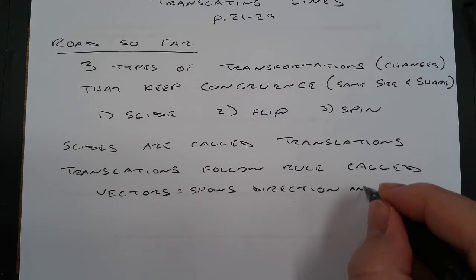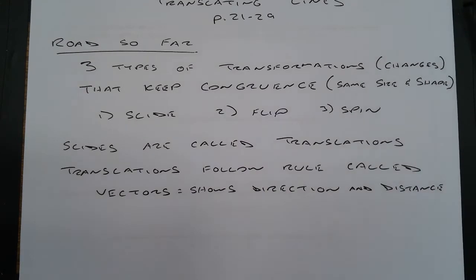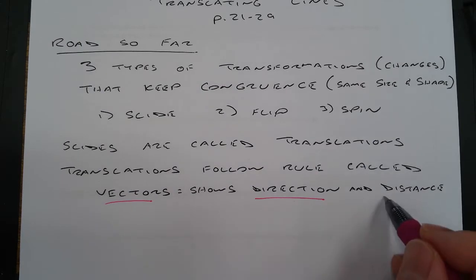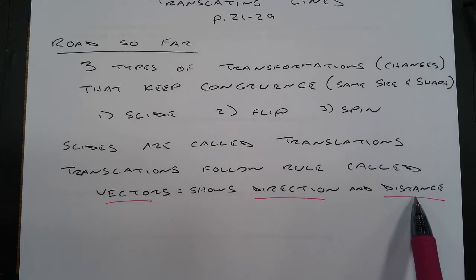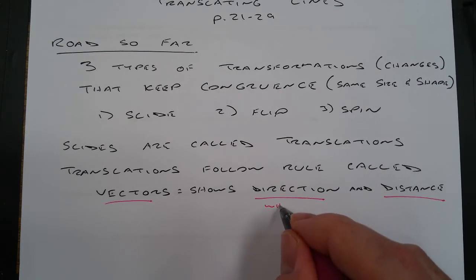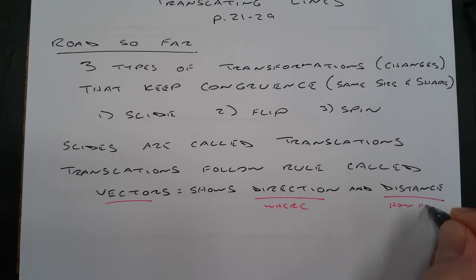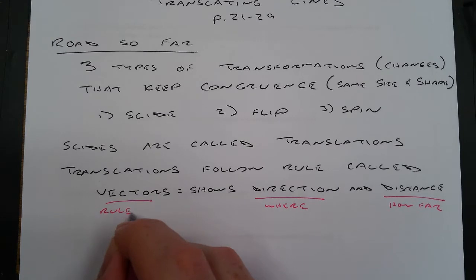And the length of the vector shows the distance of the slide. So the vector is the rule that shows direction and distance, shows where to go and shows how far. Direction shows where, distance is how far. So the vector is the translation rule, I like to say.